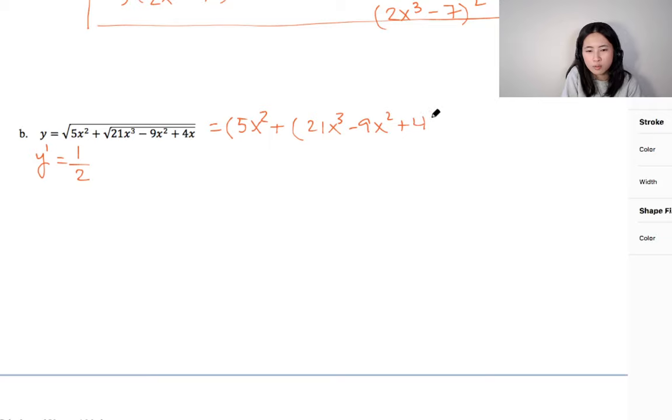And we know that this is also raised to the power of 1/2. It's just easier for some students, and it's fine, to have your exponents written down as opposed to a square root. Because if you have your exponents expressed in fractions, it's easier for you to know, okay, I need to bring down 1/2 as my coefficient, as opposed to having a square root, which sometimes gets a little bit confusing. Great. So you have 1/2, right?